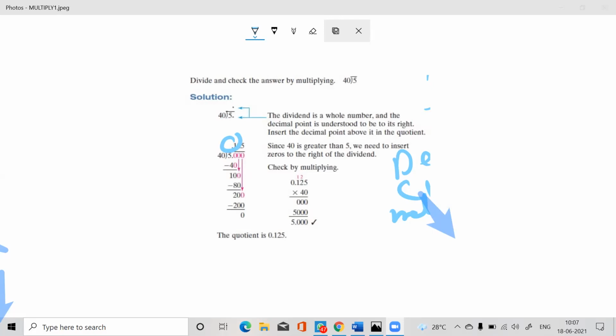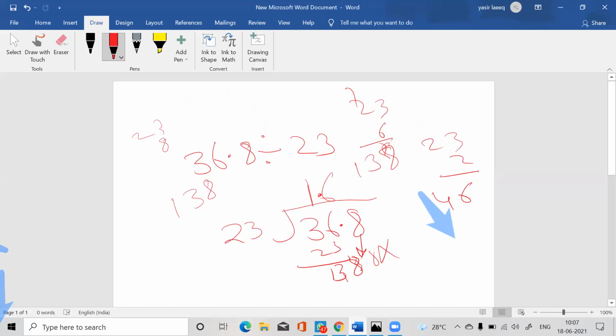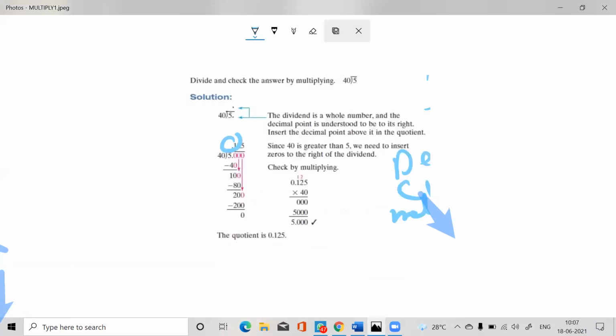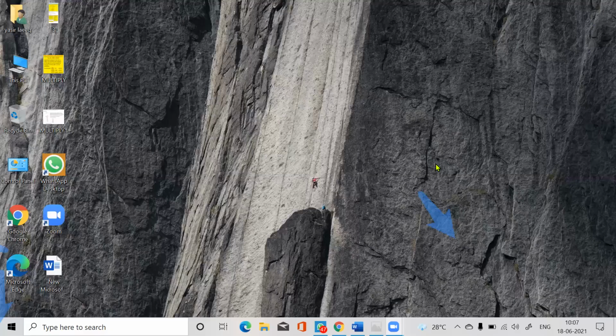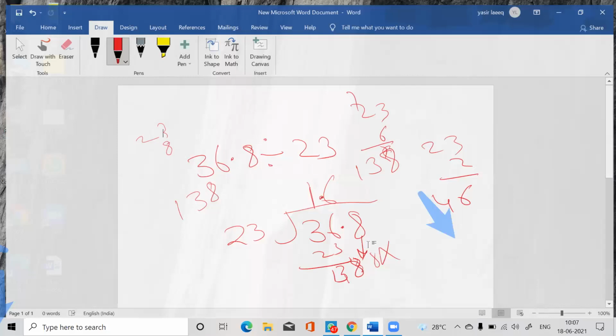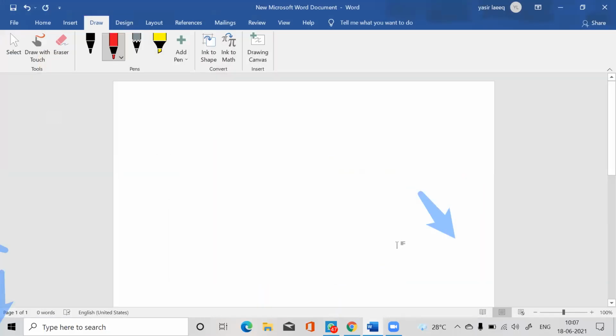I'm telling you, and I'm also writing on the screen. Just wait. Okay. First of all, I'm giving you an example. 18.369 is divided by 9.